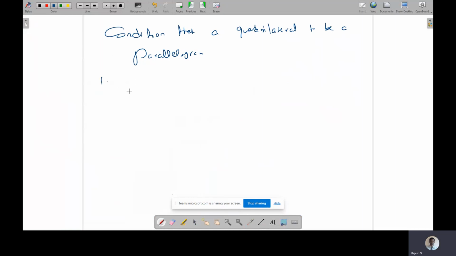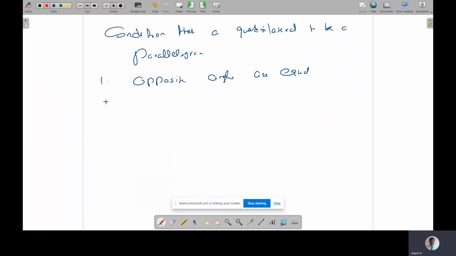First condition, what is it? Opposite angles are equal. If opposite angles are equal, then we can say that it is a parallelogram.